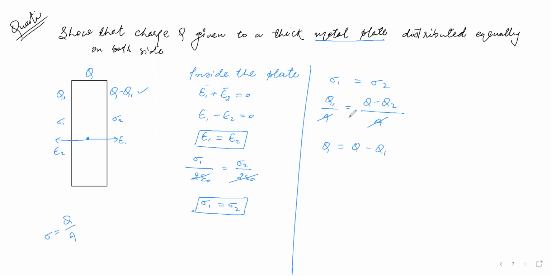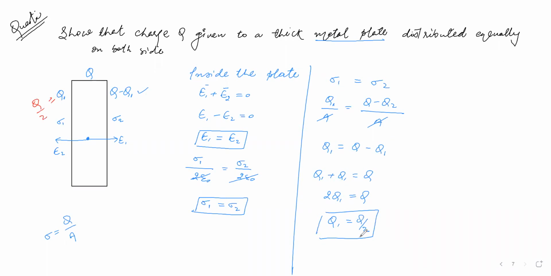Q1 is equal to Q minus Q1. After transferring Q1 from the right hand side to the left hand side, you get Q1 plus Q1 is equal to Q, or 2Q1 is equal to Q, or Q1 is equal to Q by 2.